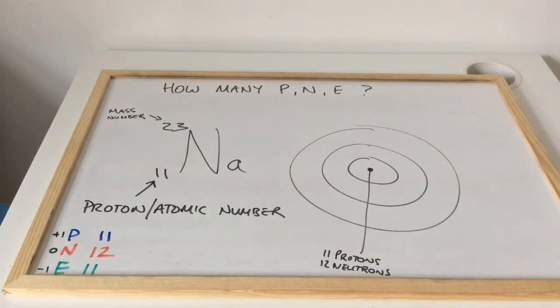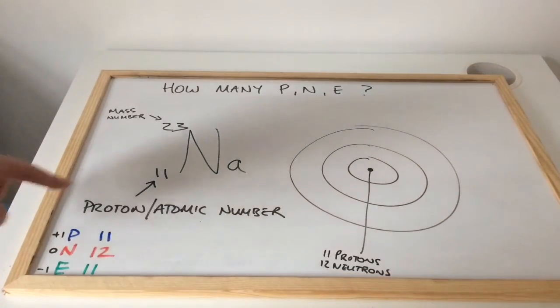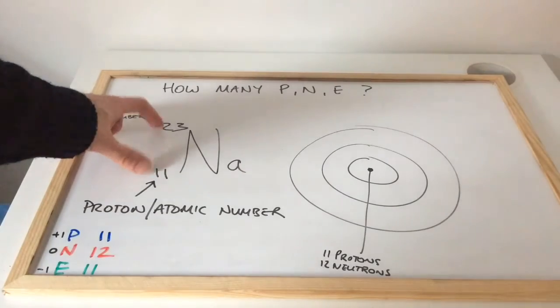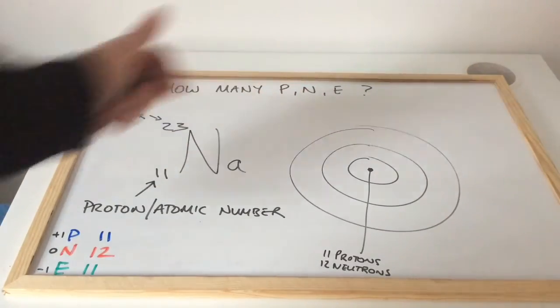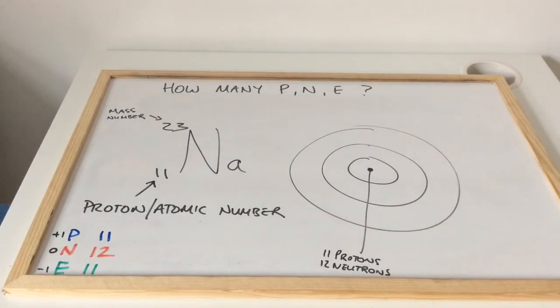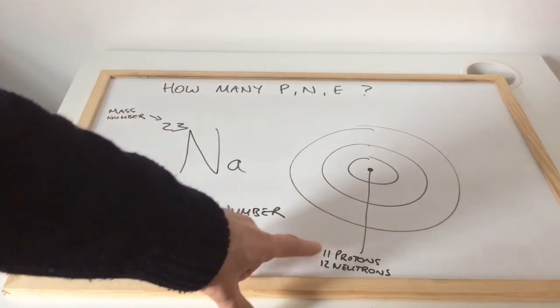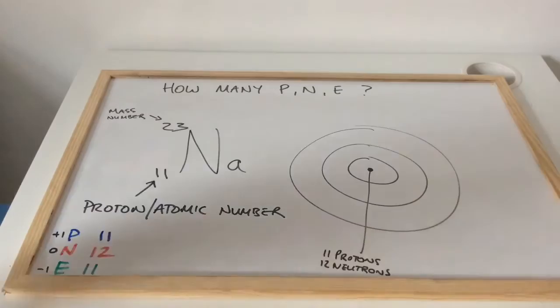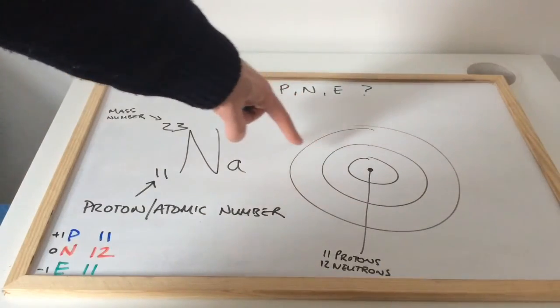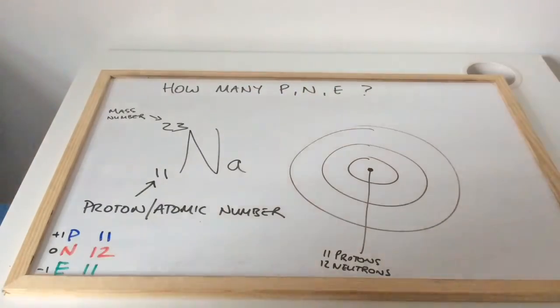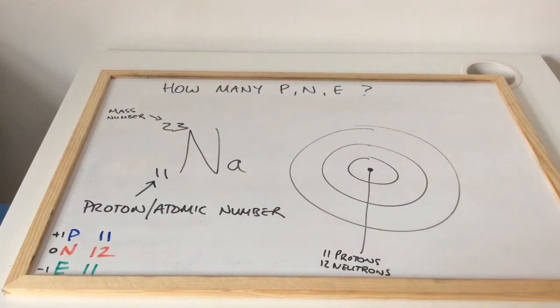So what we'll do now is turn the information that we've gathered from these two numbers into a diagram of a sodium atom. You can see I've already put in the information about the nucleus, 11 protons, 12 neutrons, and I've got 3 available energy levels or shells that I'm going to put the electrons in. Hopefully by the end of this little section you'll understand the rules for filling the electron shells.